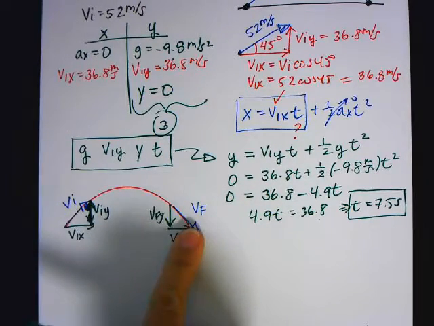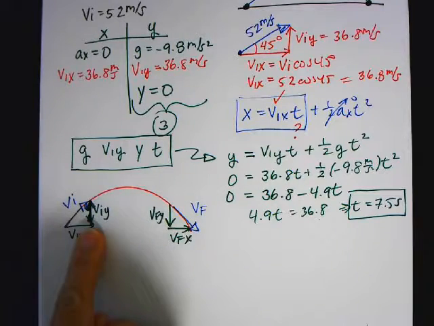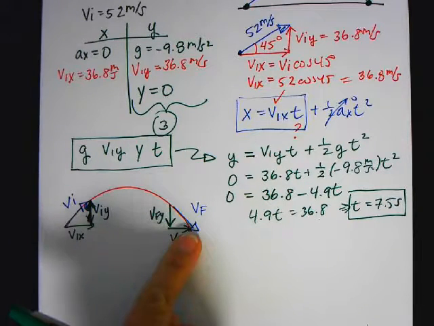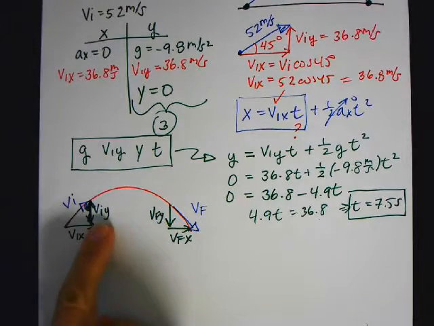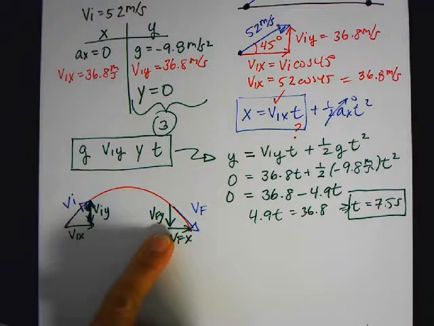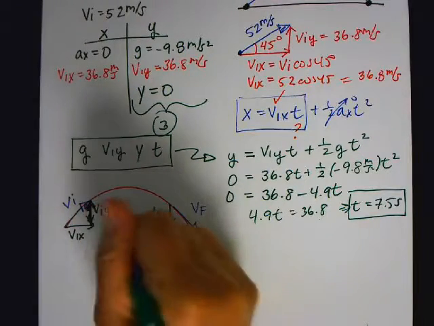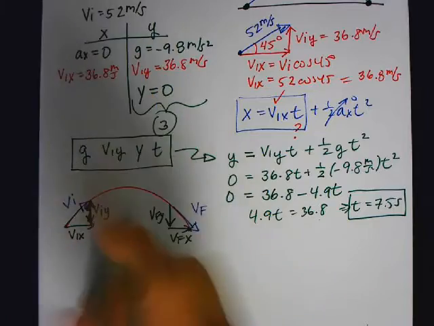So basically, because we don't take air resistance into consideration, the speed is the same. The only difference between VIY and VFY is they're equal in magnitude but opposite in direction. So VFY is going to be the same as VIY, but negative.